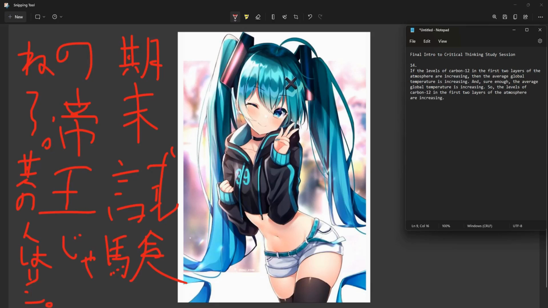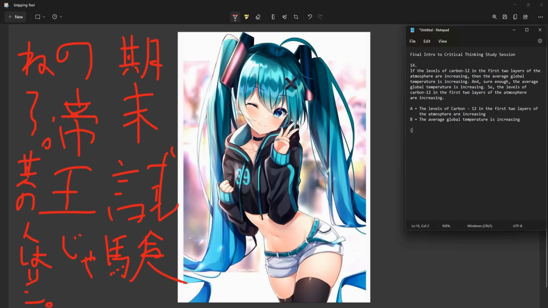In a sense, this is flawed logic. Let's look at the actual schematization of this, okay? A will be the levels of carbon 12 in the first 2 layers of the atmosphere are increasing. And then B, the average global temperature is increasing.